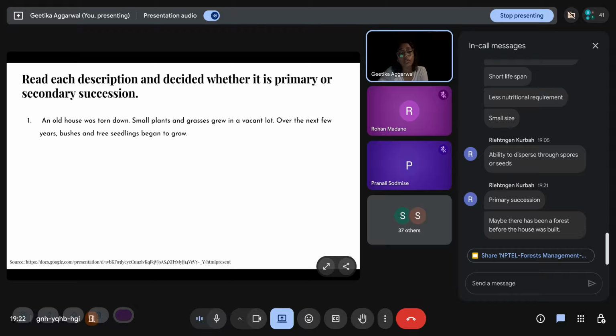And anybody else who would also like to take a guess at this? So everybody thinks that it should be primary succession.